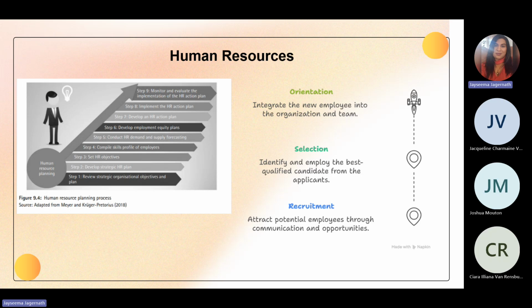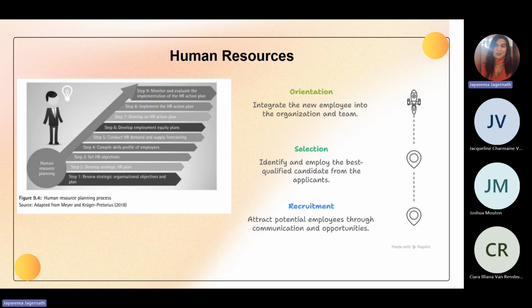So there's different objectives that you will set for your department. Okay. Once you've set that, you then start to compile skills of employees that you have, and that allows you to sort of take an audit of your current workforce, and it gives you an idea of what you are lacking and what you do need to acquire and attract into your business.